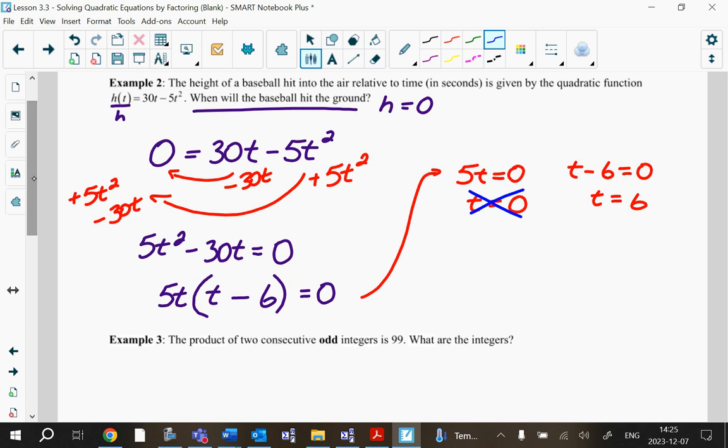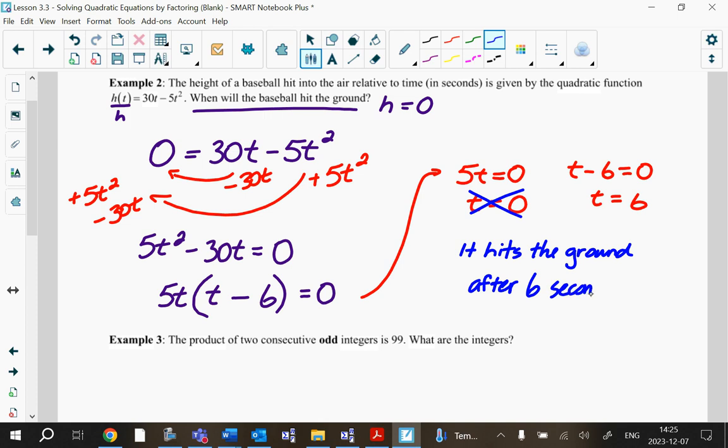The baseball's got to go into the air. So it only makes sense that it hits the ground after 6 seconds.